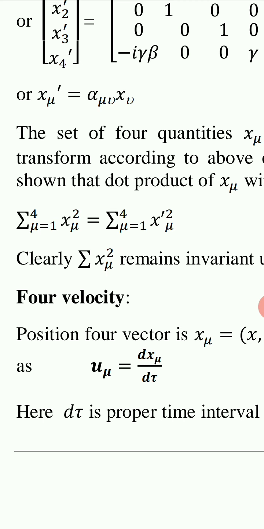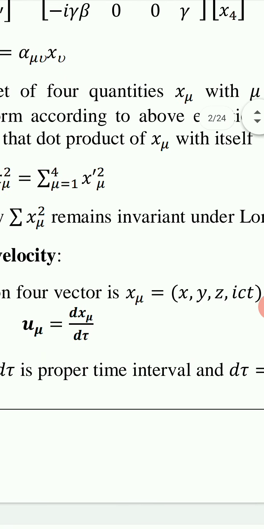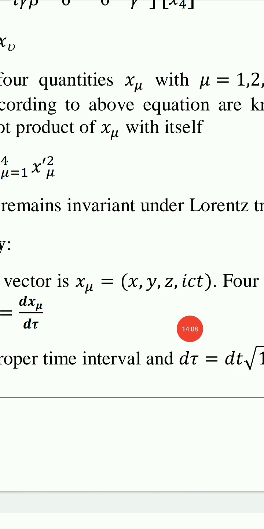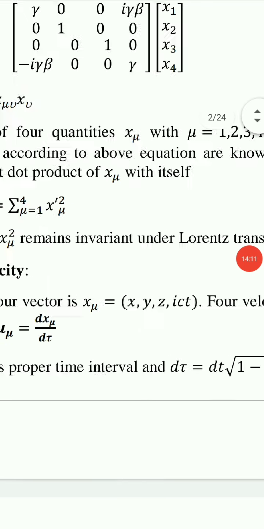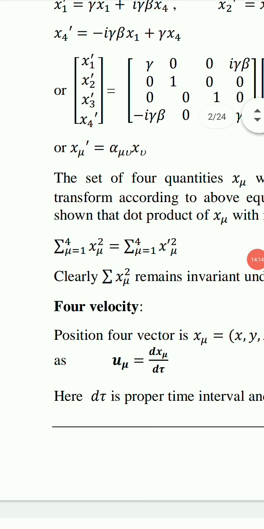In frame S, the value is x mu square, and in frame S dash, the value is x mu dash square, and summation x mu square equal to summation x mu dash square. Clearly, summation x mu square remains invariant under Lorentz transformation. It can be proved easily. We take the right hand side, summation x mu dash square is x1 dash square plus x2 dash square plus x3 dash square plus x4 dash square.